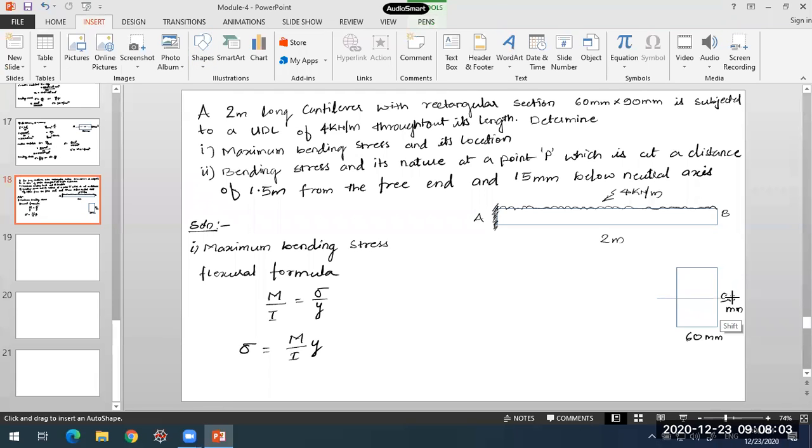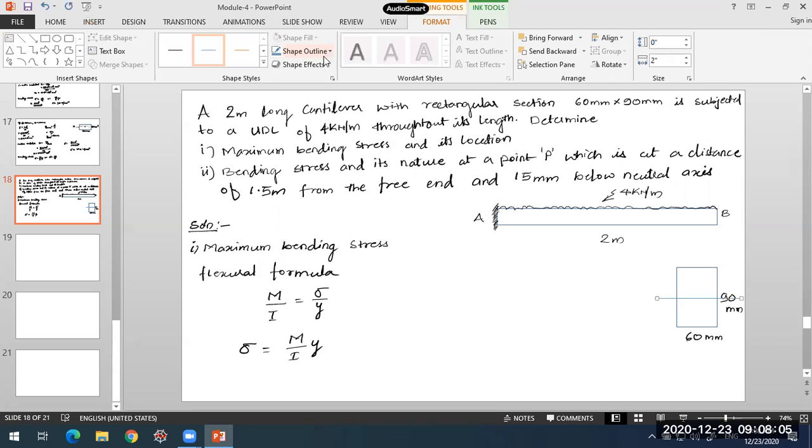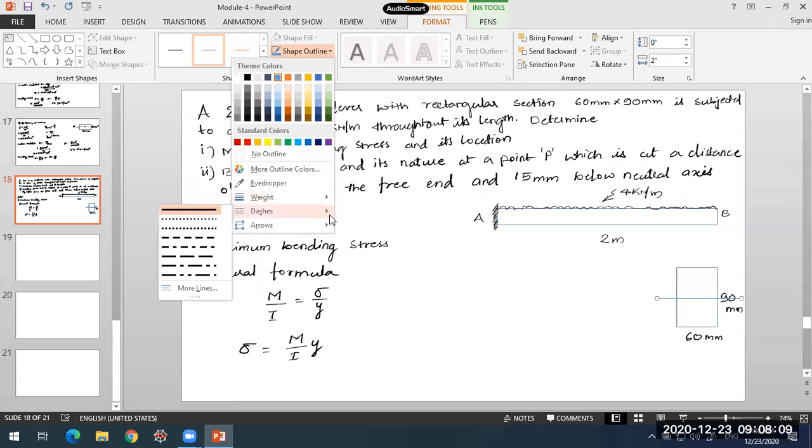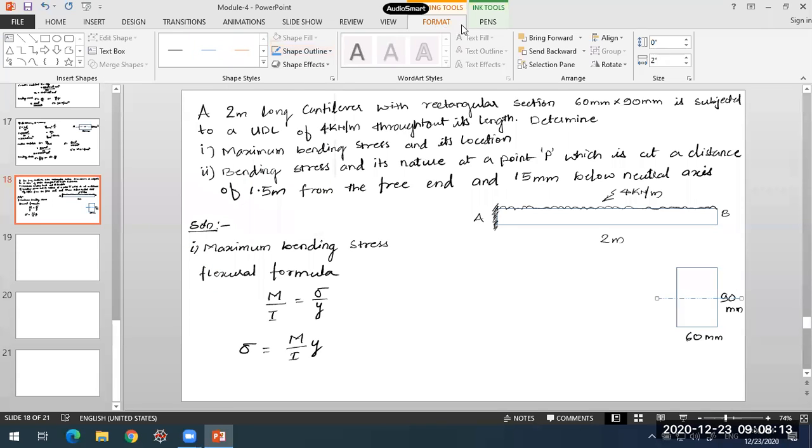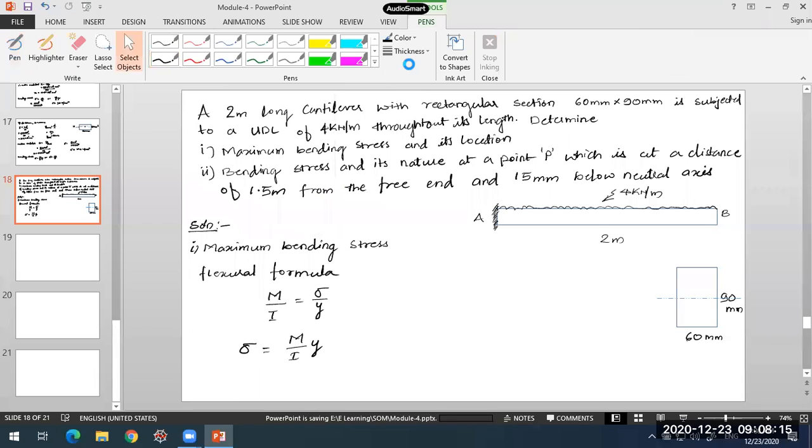We have the rectangular section, so this is the neutral axis. This neutral axis will be at the center of the depth. In our case, the neutral axis coincides with the centroidal axis.